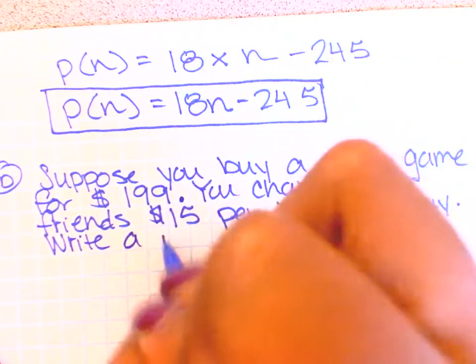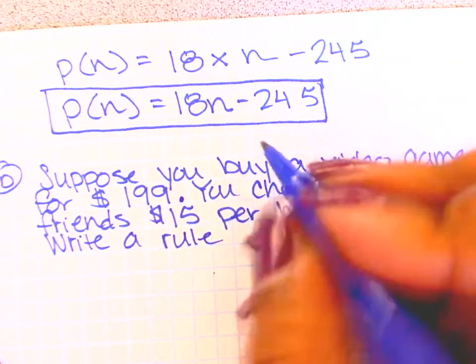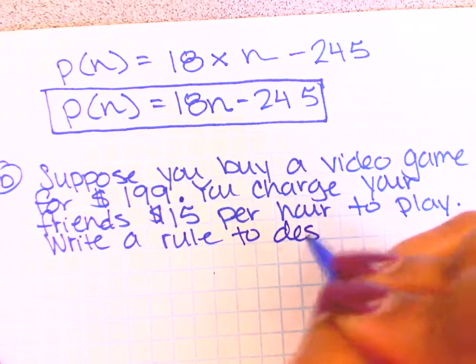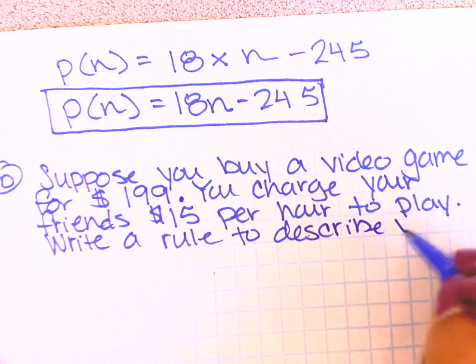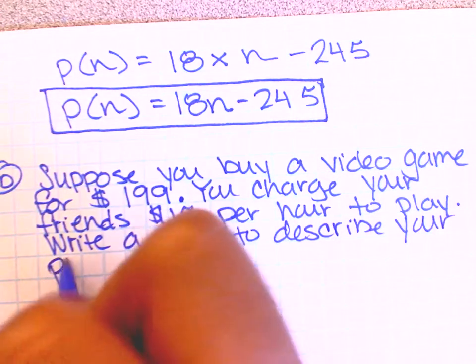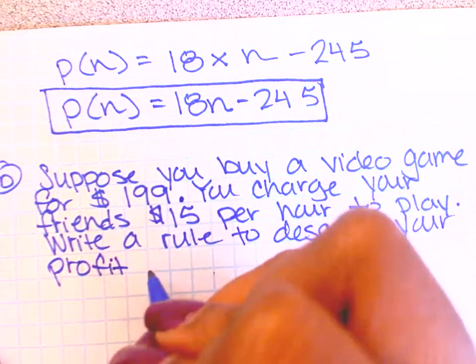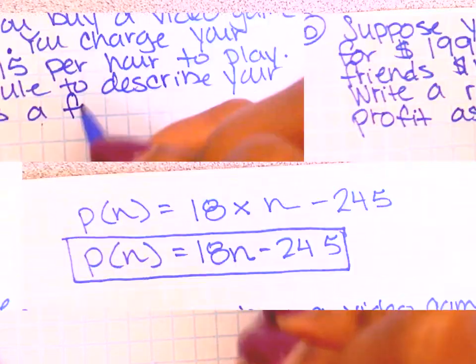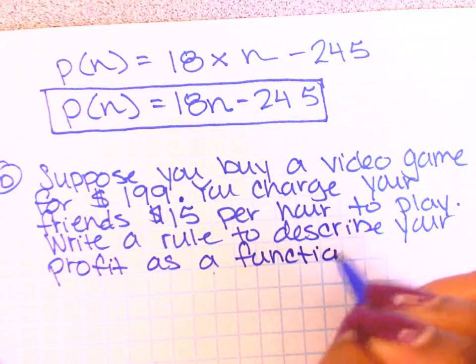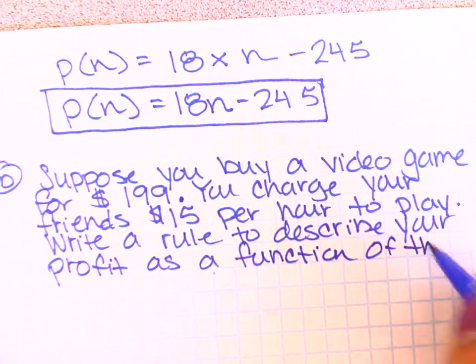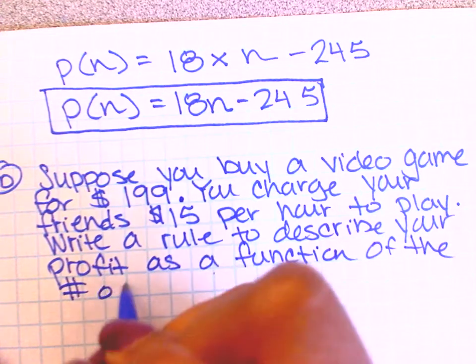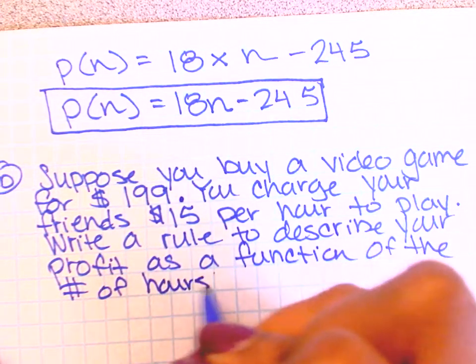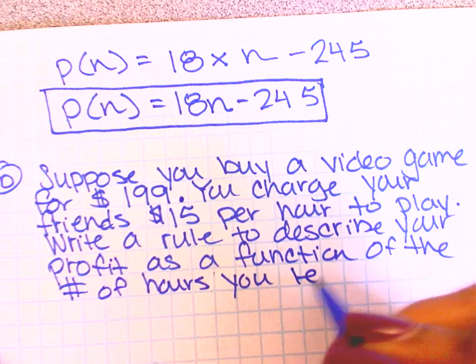Write a rule, you never know, to describe your profit. Ooh, charging your friends as a function of the number of hours you let people play.